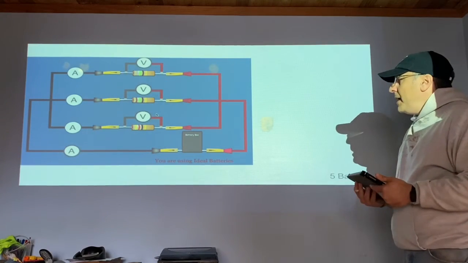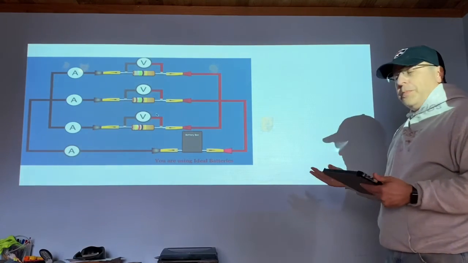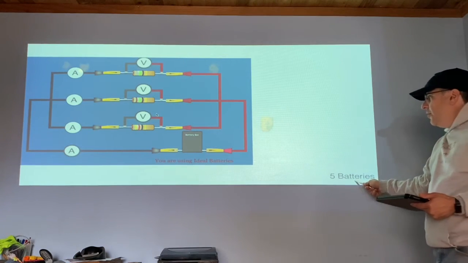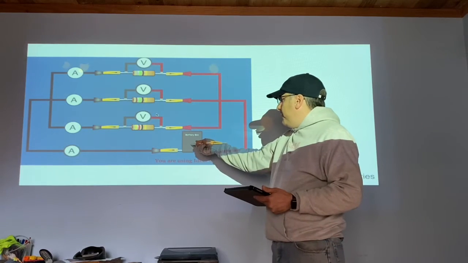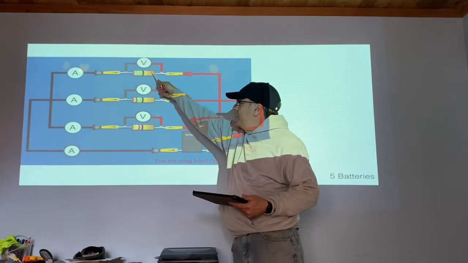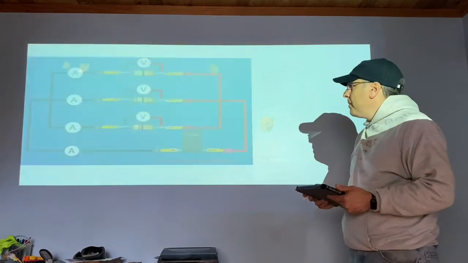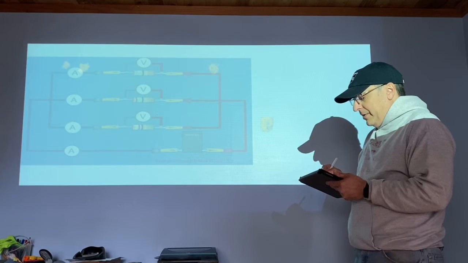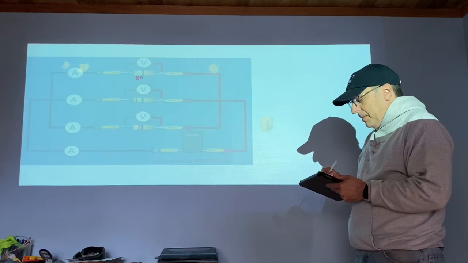Okay, so if you have a parallel circuit, it's pretty simple. You look at how many batteries there are. You use that to figure out the voltage of the battery box, and then you use that voltage for each individual path. You could then use the colors of the resistor to write down the resistance values.